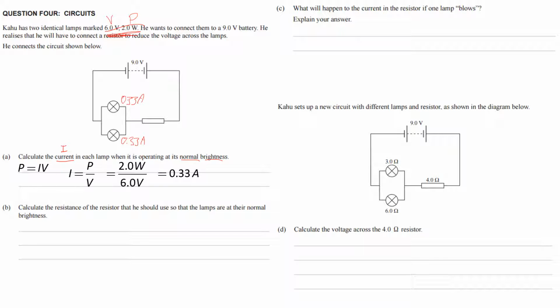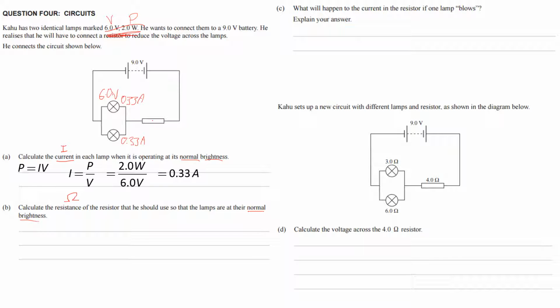So the second question, we want to calculate the resistance of the resistor. Okay, so this is our resistor here. So I want to know the ohms of the resistor that he should use so the lamps are at their normal brightness. So when we're saying here that the lamps should be at their normal brightness, we're meaning that these lamps should use 6 volts.